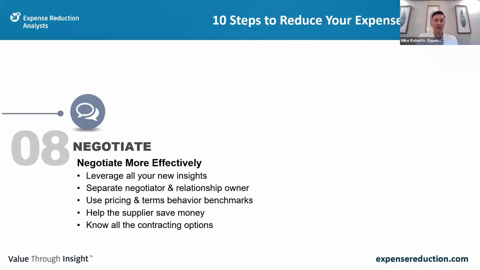So the next is negotiate. So now that you have all the information and you really know pricing, terms, supplier behavior, help the supplier to save money, right? And what that means is make sure that you have all the information that they need, that you're really a partner in the process.